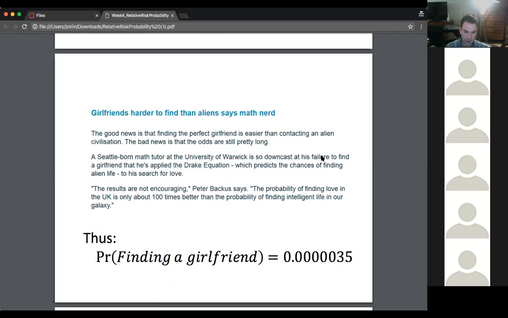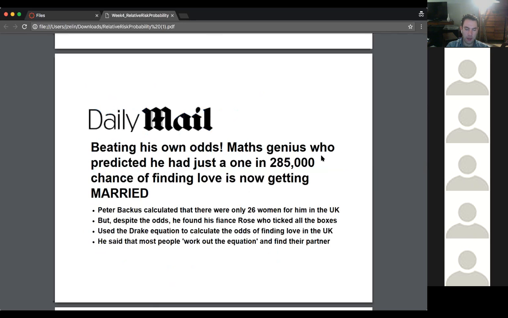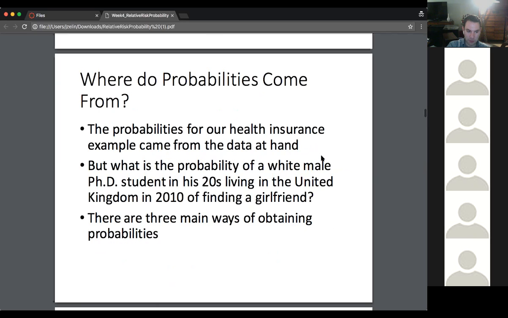He said it was more likely that we'd find aliens than for him to find a girlfriend. And little did he know, he actually ended up finding love and getting married. So it turns out that despite his calculated probability of 1 in 285,000, he was able to find someone.